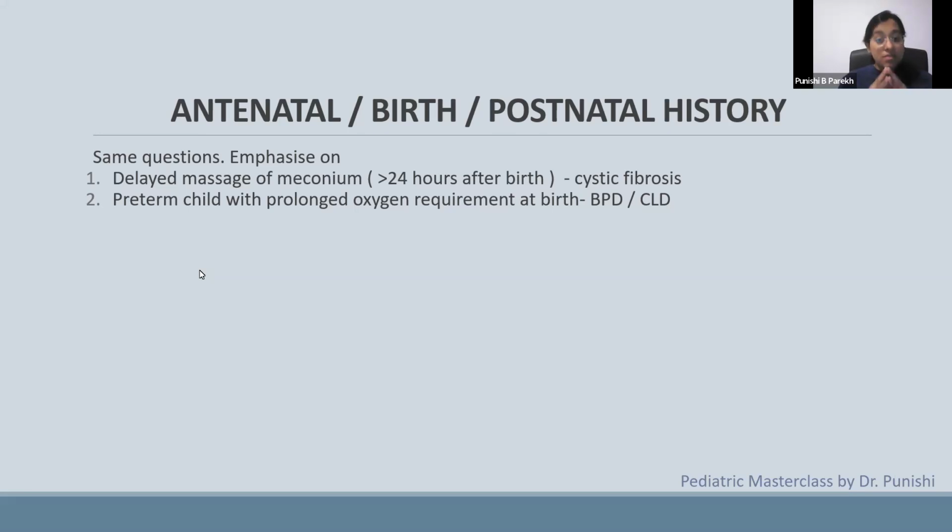Another important question to ask in the antenatal and birth history is whether the child has required long-term oxygen therapy since birth. So let's say the child was born preterm, had respiratory distress syndrome, and required oxygenation and ventilation for a prolonged period of time. Those kids develop BPD, or bronchopulmonary dysplasia, also called chronic lung disease.